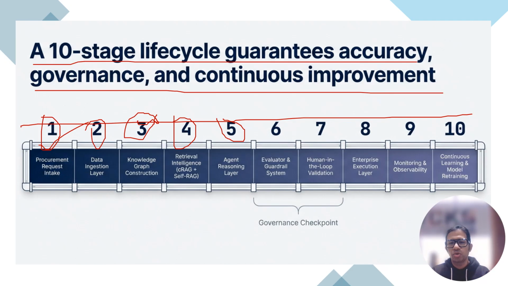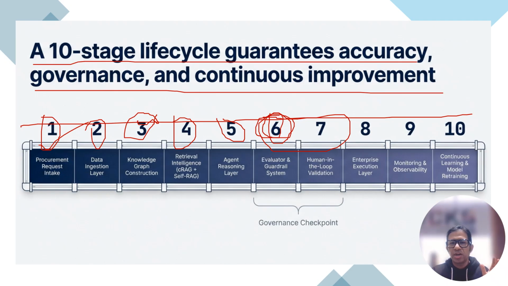So now comes to stages 6 and 7 combined. Now this is the heart of enterprise trust, the governance checkpoint. This one, stage 6, is evaluator and guardrails.